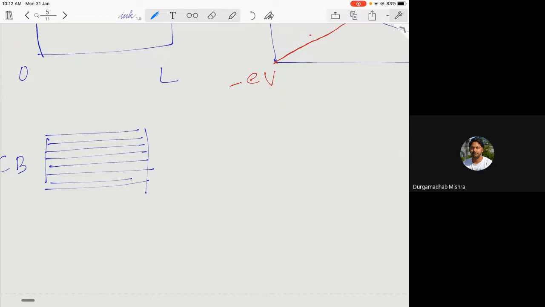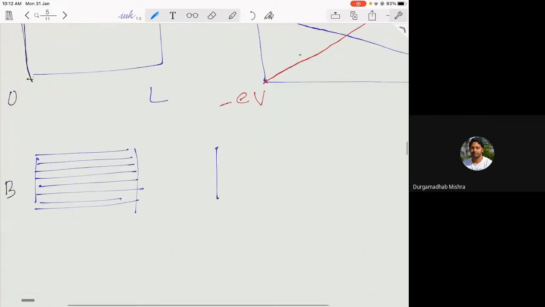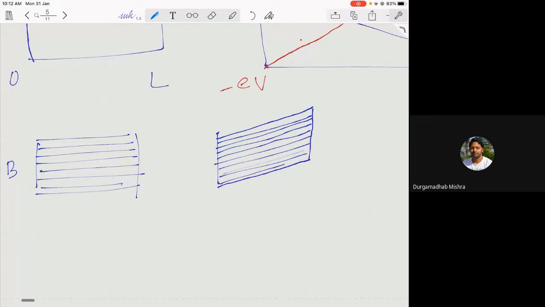In presence of an electric field, there will be a bending because of this electrostatic potential energy. So I have a bending of the band in this way. There is a linear slope here, and all the energy levels will be affected by that.